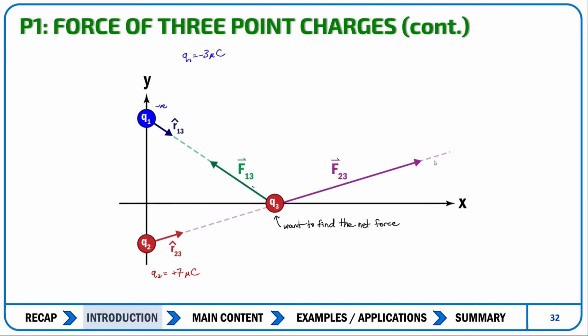So purple is representative of the force that Q3 feels from Q2. So once we have this, it's important for us to calculate the net force acting on the Q3.